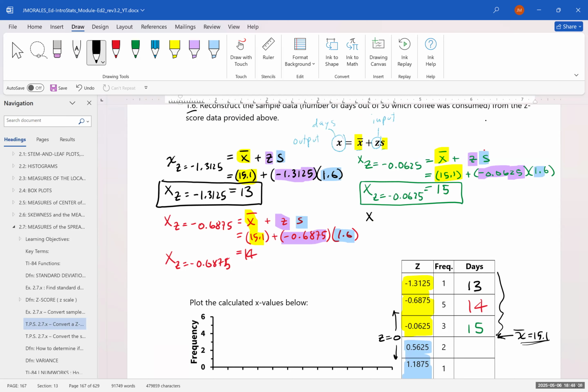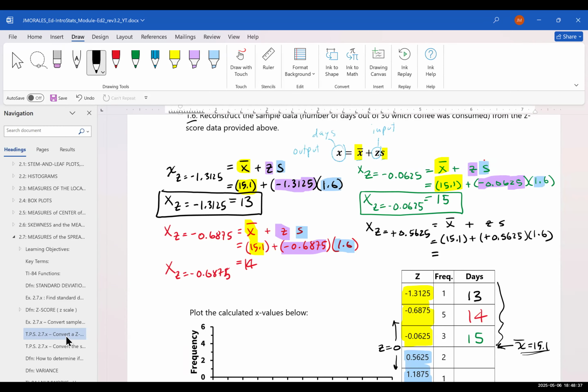So I've got x when z is a positive 0.5625. Okay, that's going to be equal to x bar plus zs. X bar is 15.1 plus our value of z, which is positive 0.5625 times 1.6.